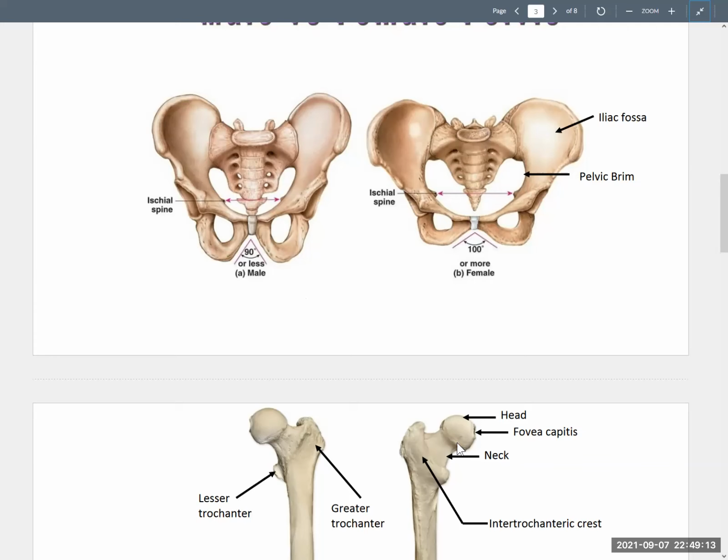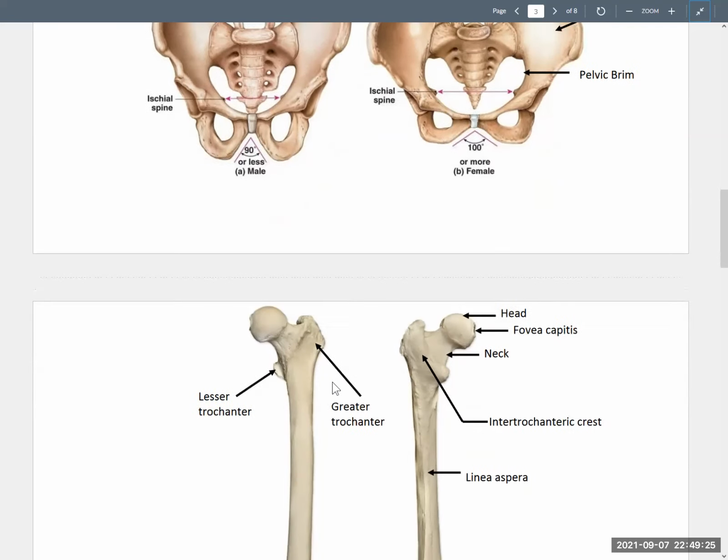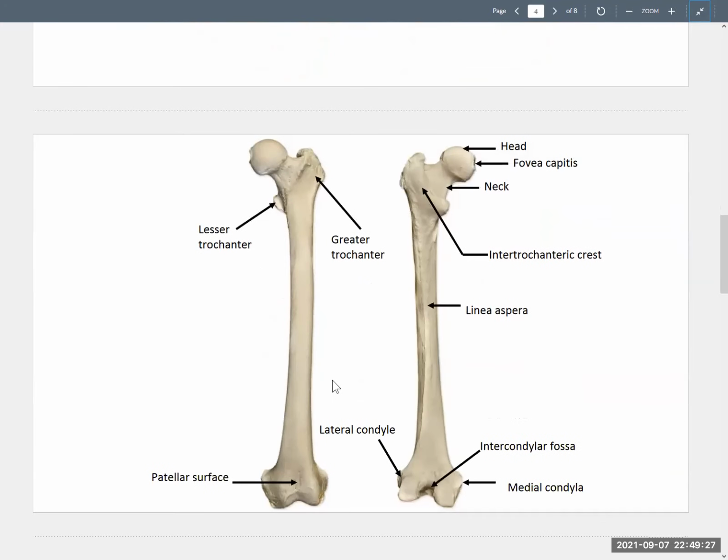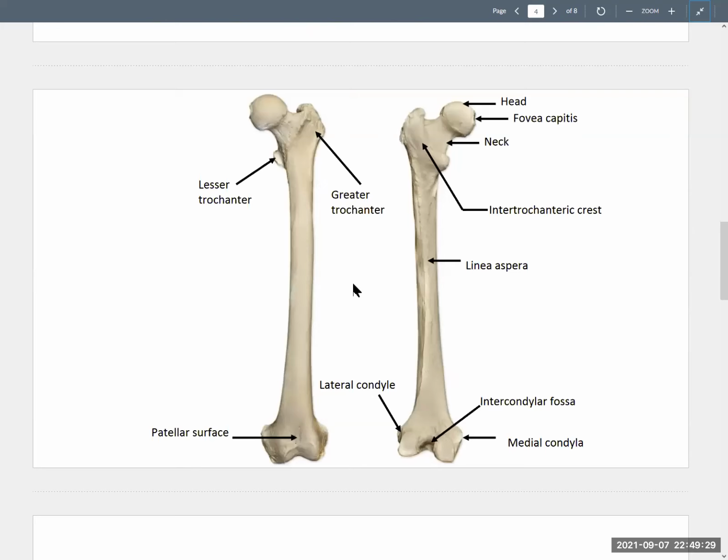Now we're going to insert the head of the femur into one of the acetabula. This one. Okay, this happens to be a right, no, I'm sorry, it's a left femur.